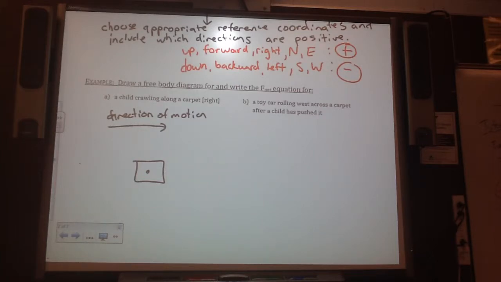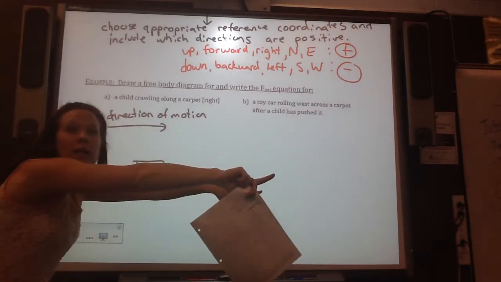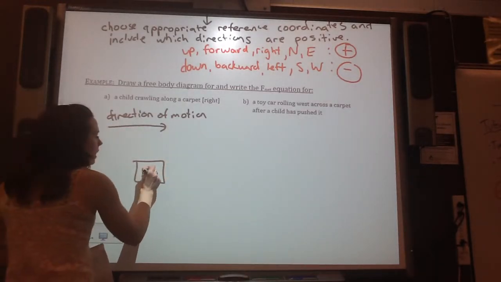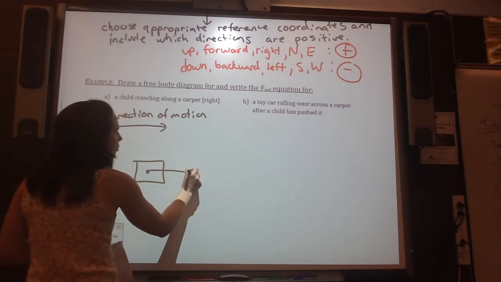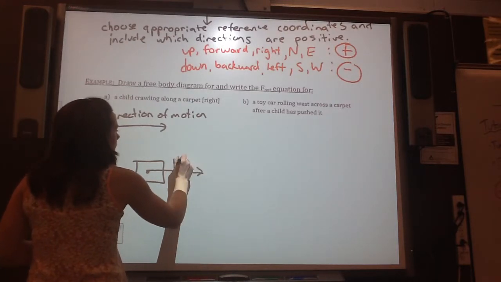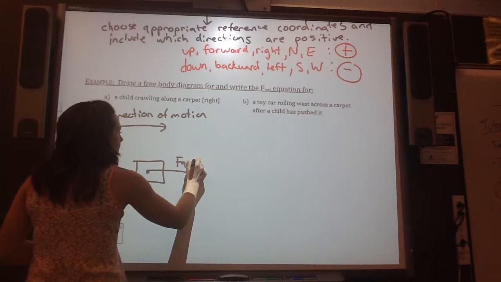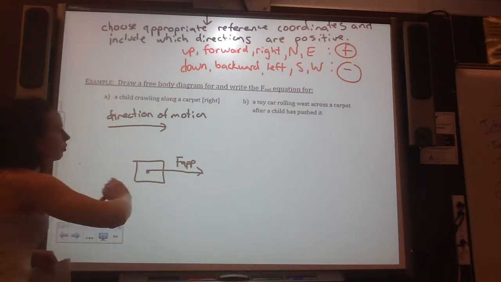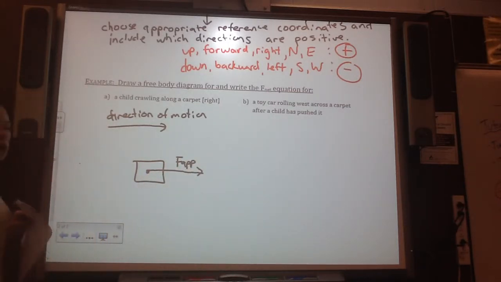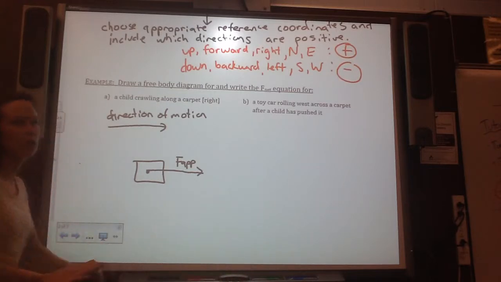Now, since the child is crawling, they are applying a force in the direction of the right. So I'm going to draw an arrow going out from the middle, and this is F-app, because it's going in the direction of the motion. This is the way that the baby is pushing.